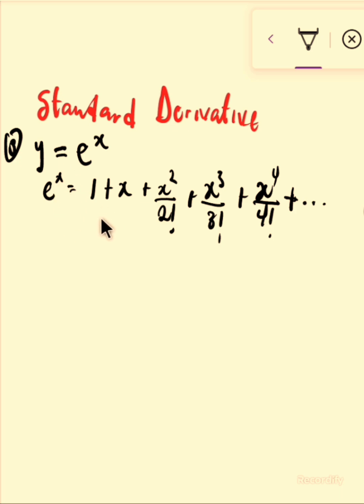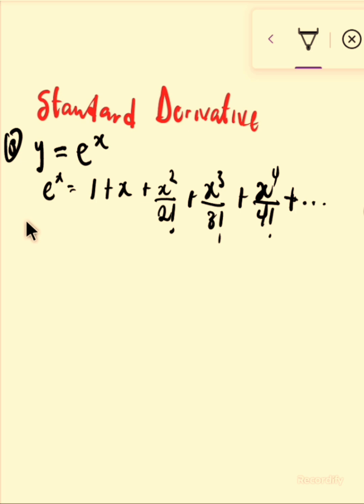If e to the power of x is given to be this, now we differentiate all these terms, that is 1, x, x to the power of 2, x to the power of 3, x to the power of 4, with respect to x.